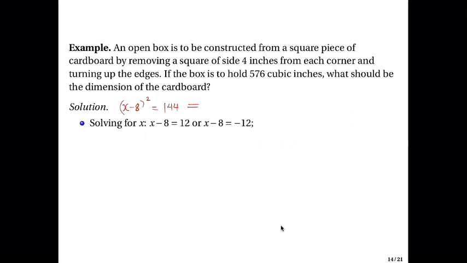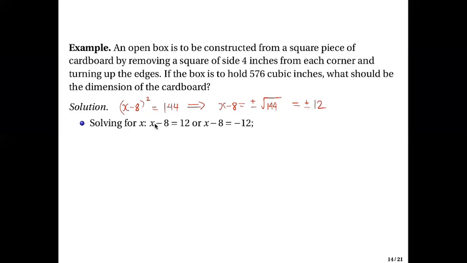So this means your x minus 8 is equal to plus or minus the square root of 144, which is plus or minus 12. And therefore, you have x minus 8 equals 12 or x minus 8 equals minus 12. That's your plus or minus here.